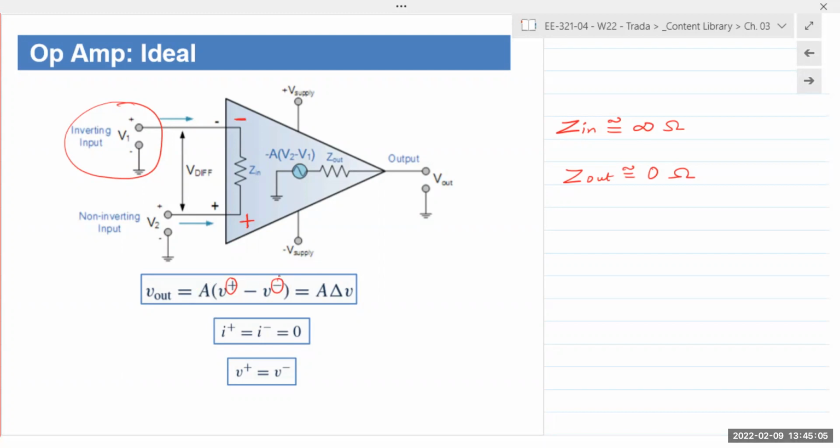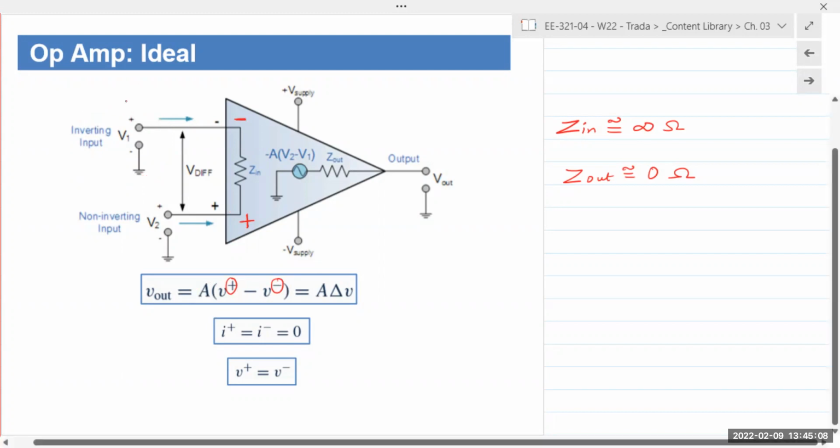If you notice the two currents that are going in, if it's infinite impedance, what can we say about these currents? Exactly, so they are 0, right?